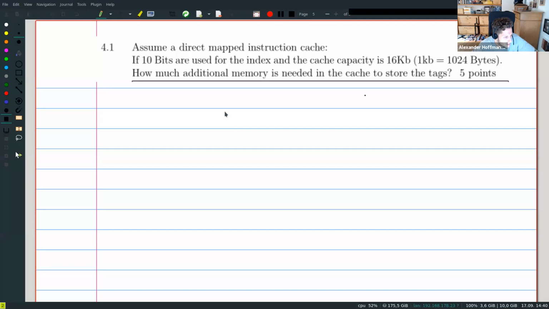I think this must be a 32-bit system. Yeah, so this is a 32-bit system.